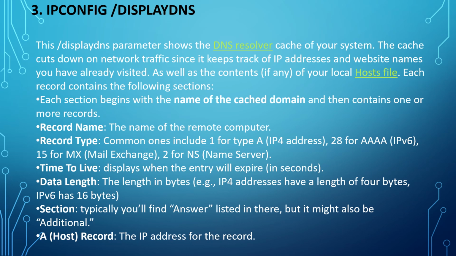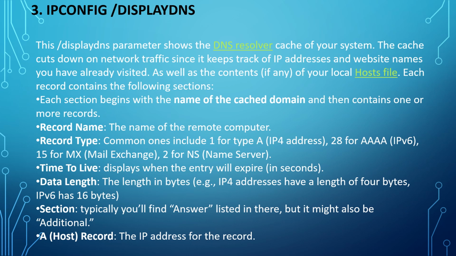Each section begins with the name of the cache domain and then contains one or more records. Record name, or the name of the remote computer. Record type, of which the common ones include 1 for type A IPv4 address, 28 for AAAA or IPv6, 15 for MX or the mail exchange, and 2 for NS or the name server.